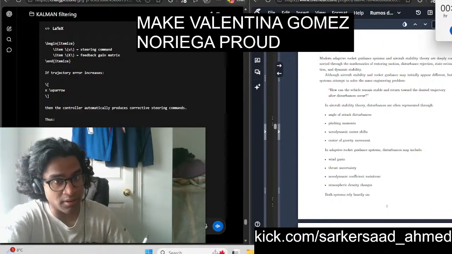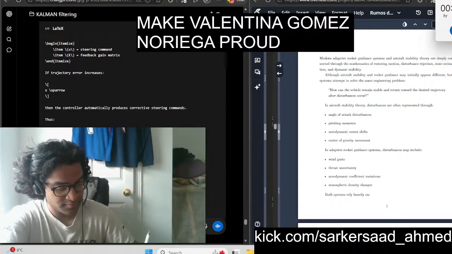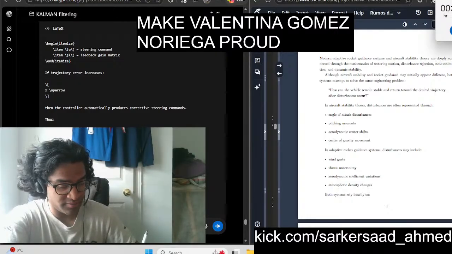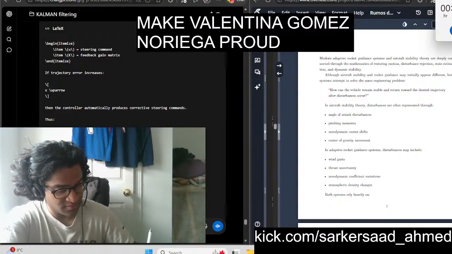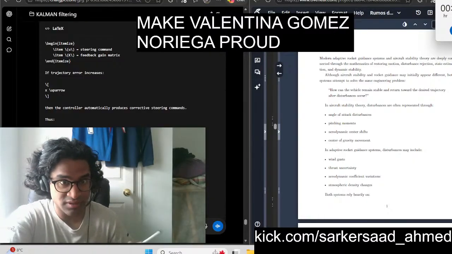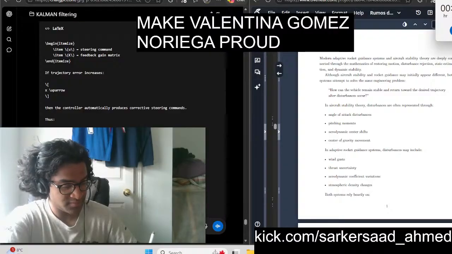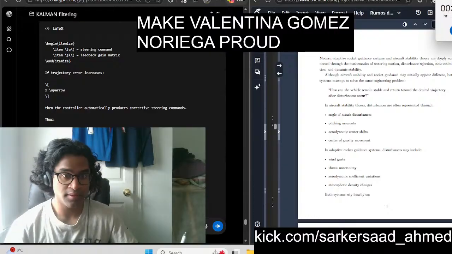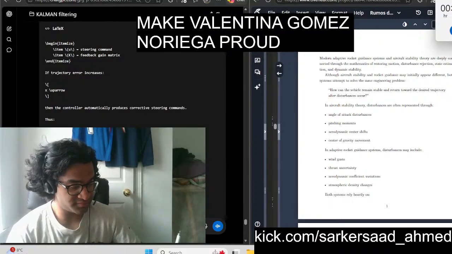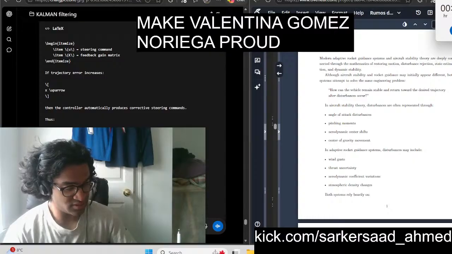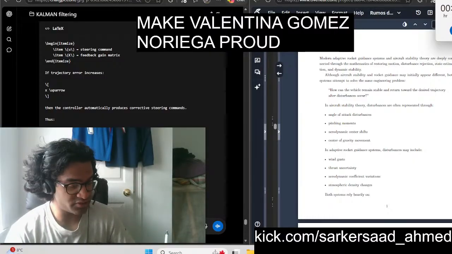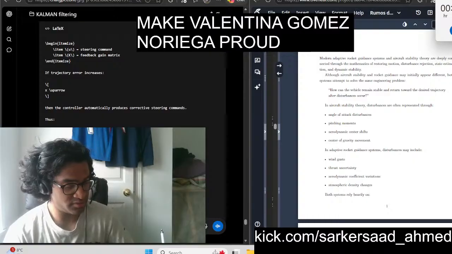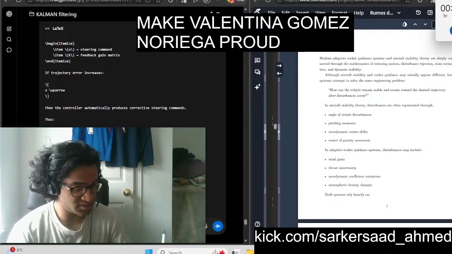Angle of attack, pitching moment, aerodynamic center shift, center of gravity moment, wind gust, thrust uncertainty, aerodynamic coefficients, and the atmospheric density change.